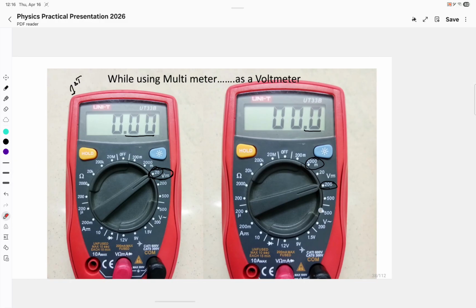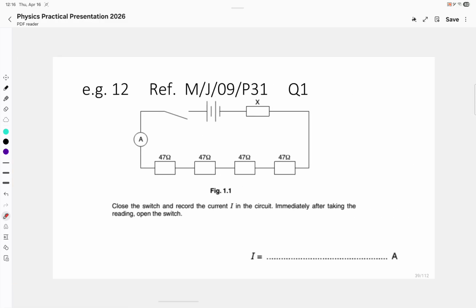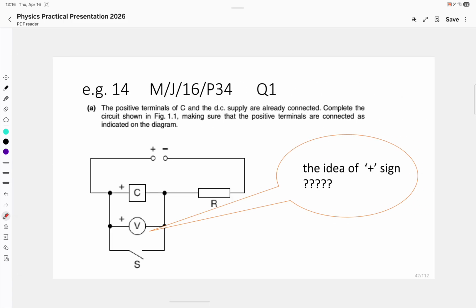So previously if we go back here, even they haven't mentioned the plus and minus, but since you already know that positive bar and a negative bar. But what about plus minus signs, or even plus signs? Nothing is mentioned. But in this particular question, why is a positive sign being mentioned?